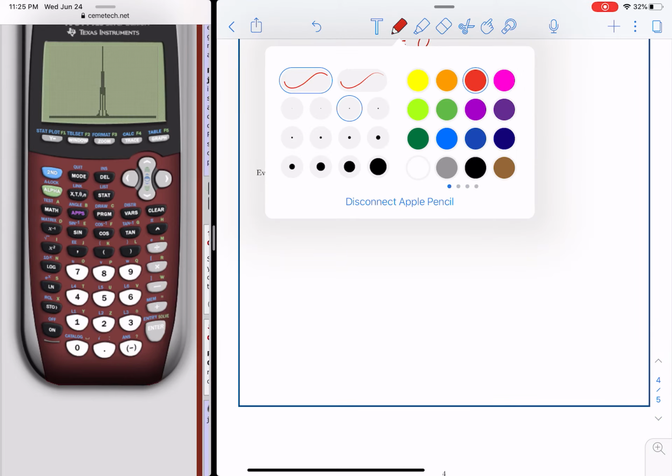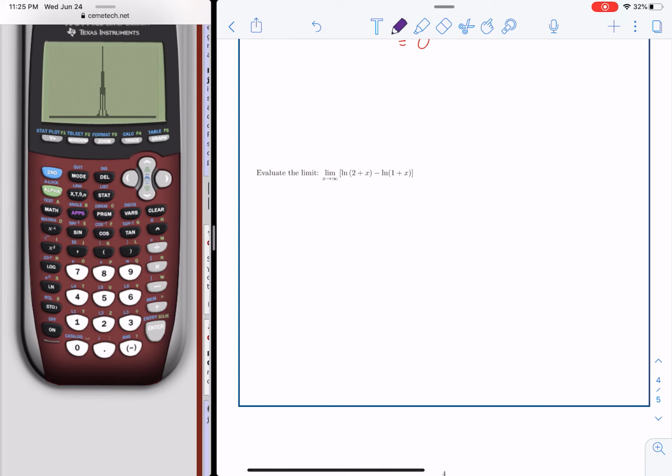And lastly, we have the limit as x approaches infinity of ln of 2 plus x minus ln of 1 plus x. So using the properties of logarithms, that would simply be ln of 2 plus x divided by 1 plus x. Since ln is a continuous function, we can move the limit inside and we will have x plus 2 over x plus 1.